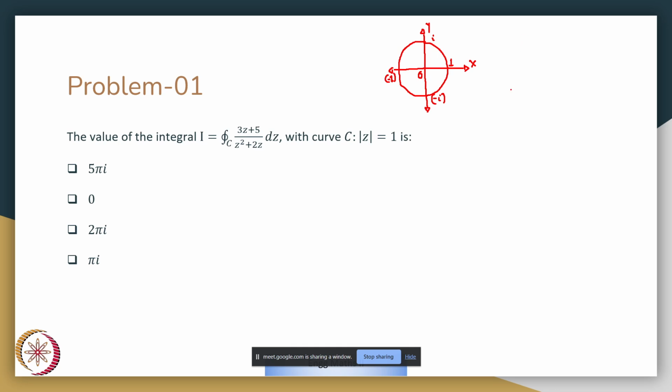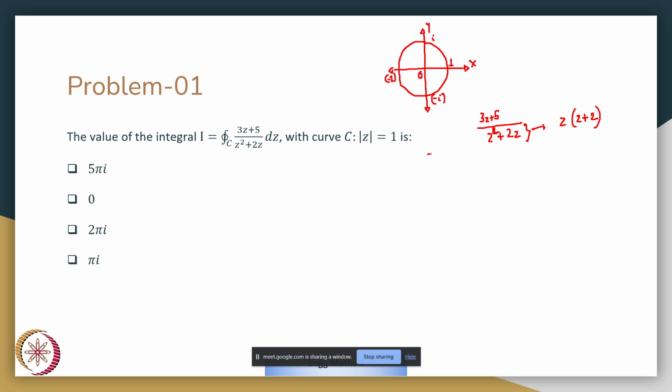A quick look at the denominator tells us that our numerator is 3z plus 5 and our denominator is z square plus 2z, whose factors are z into (z plus 2). We'll be writing this whole thing as a sum of partial fractions.